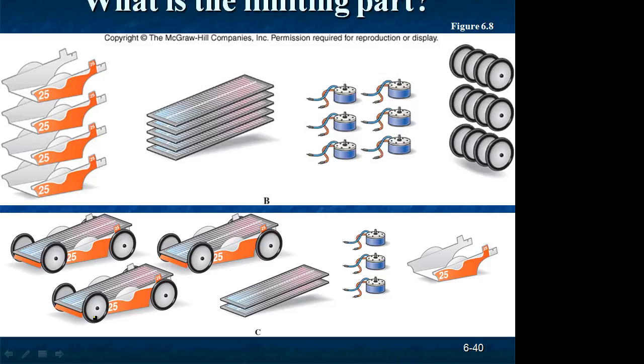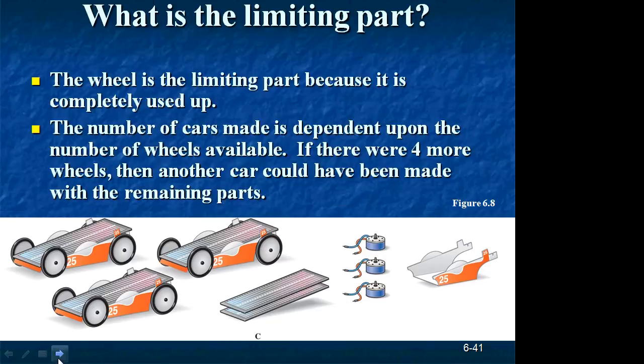Okay, and it's not as simple as just looking at the amounts and saying, oh, this is the smaller amount, so this could be the limiting reactant. No, it's not as simple as this cheese sandwich or the model car when it comes to chemical reactions.